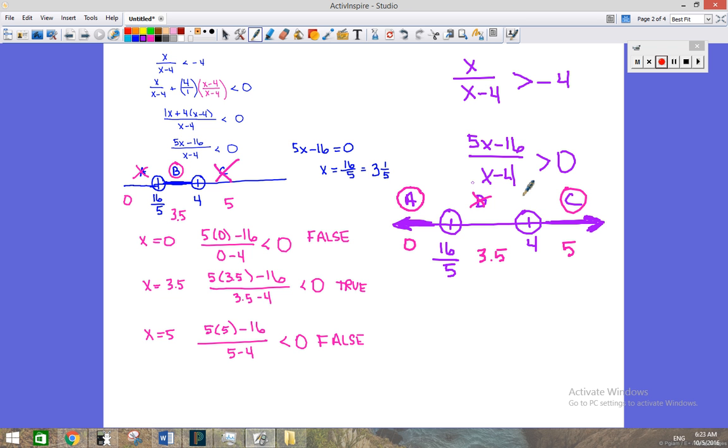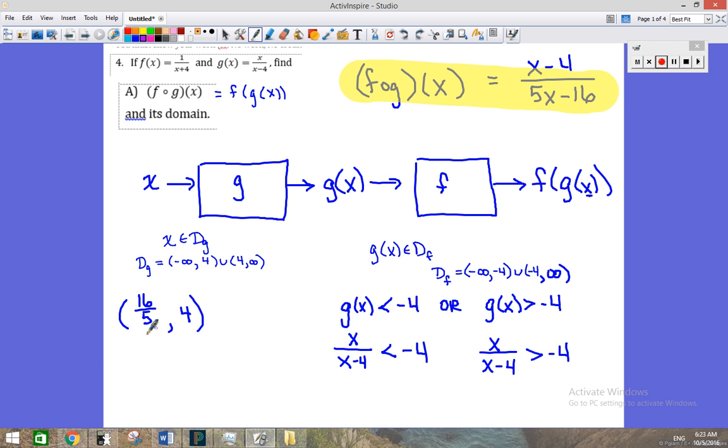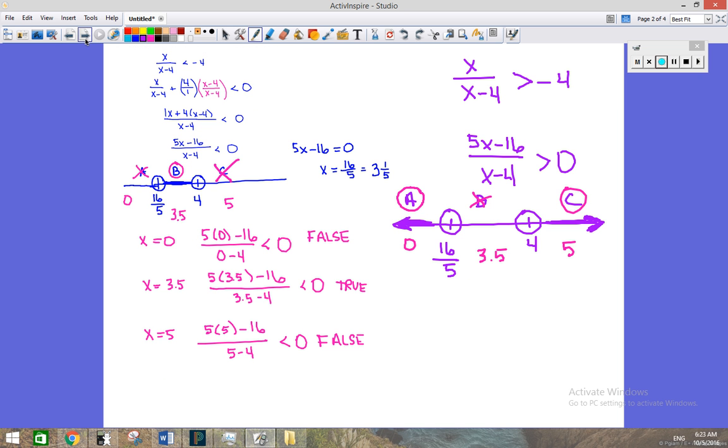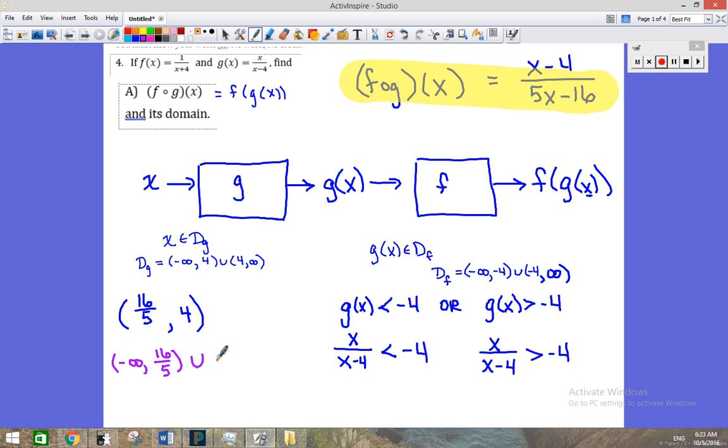Well, if we look at the union, not the intersection, but the union, this interval or this interval, then we're saying that over here from negative infinity to 16 over 5, and 4 to infinity.